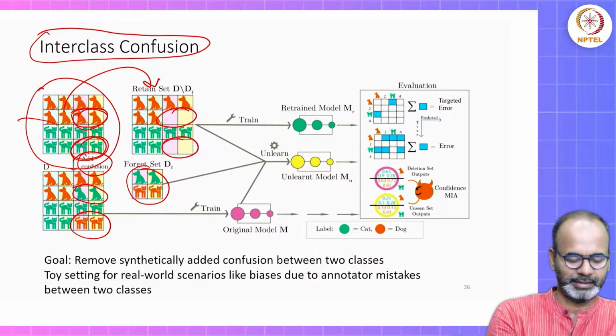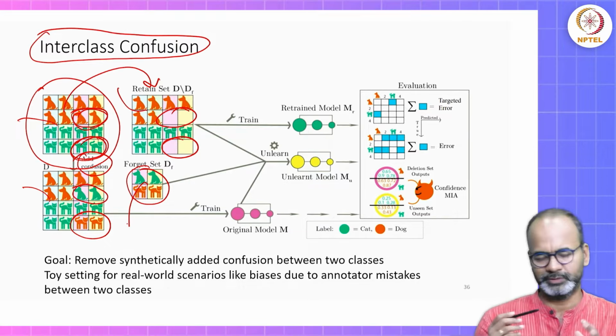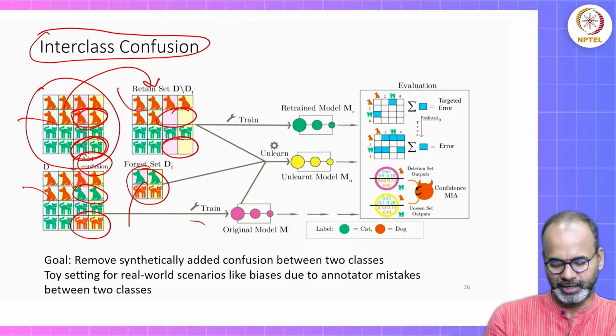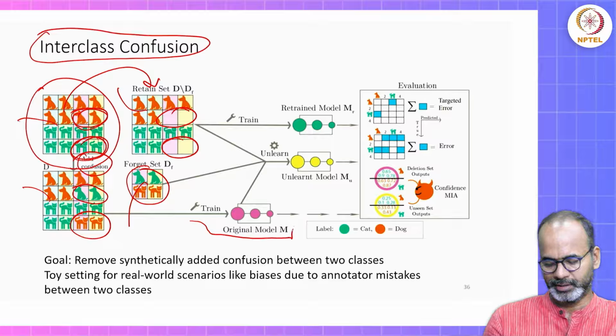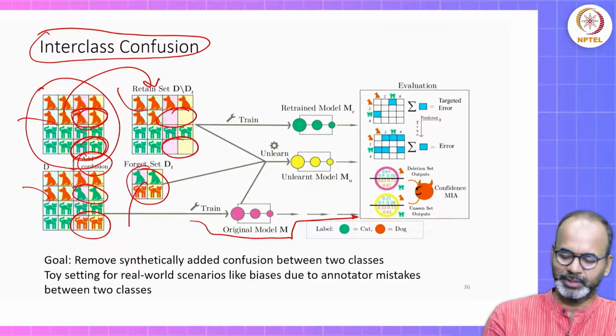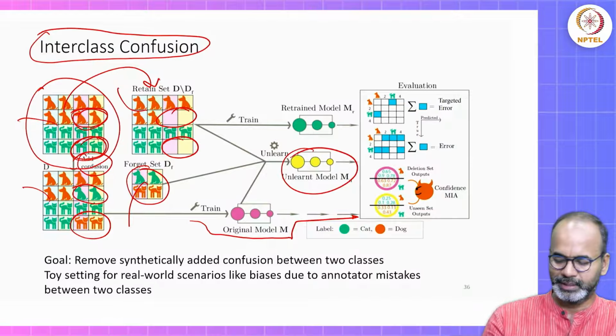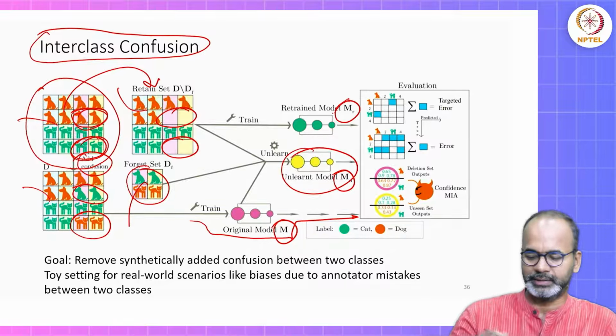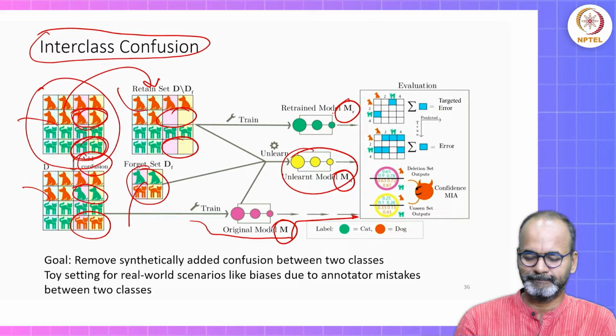Data set, adding confusion, retain set and forget set. All of these words we have already seen before, so it should be okay. So now we take this data and then train, and that's the original model that we get that goes in here. Okay. And then we create something called the unlearned model, that is MU. M is the original model and MR is the retained model.